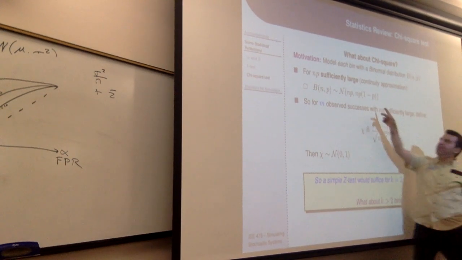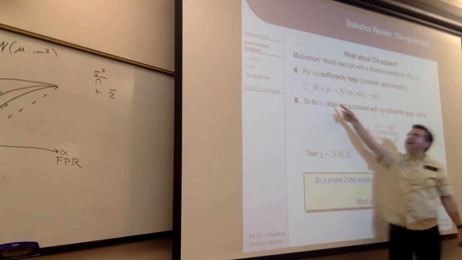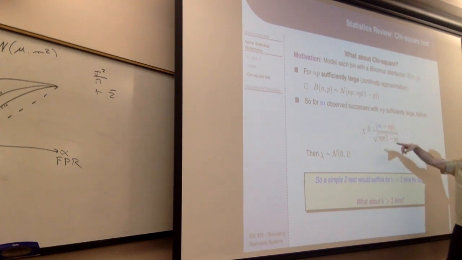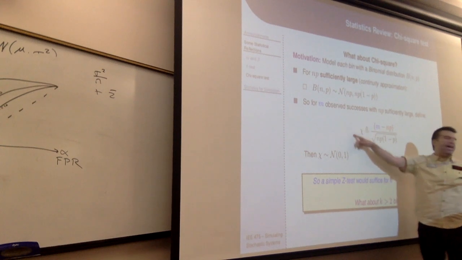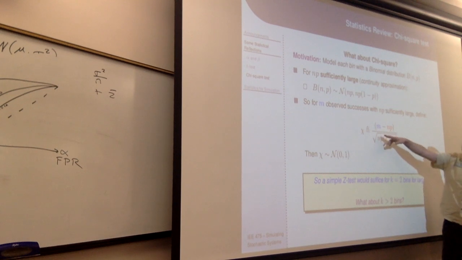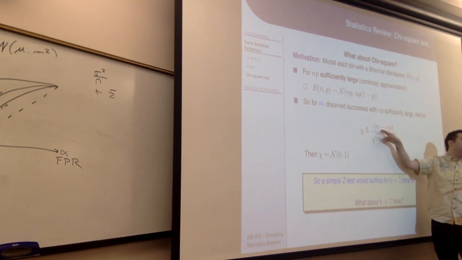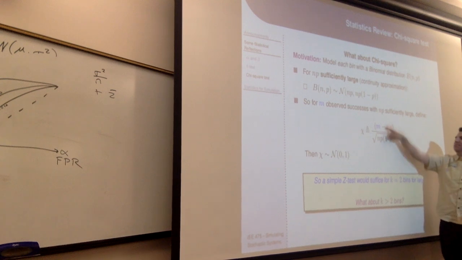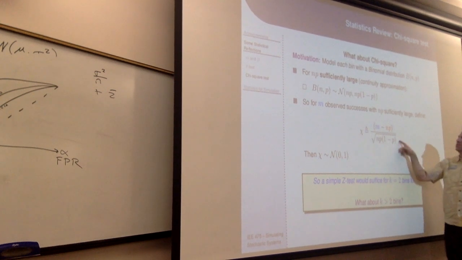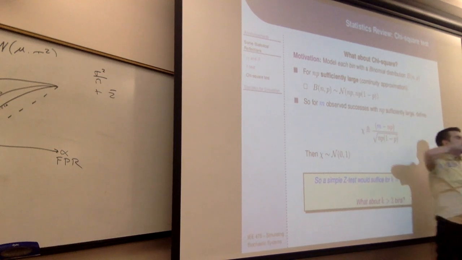So if I assume that I have enough samples, and I define a chi variable, it's just the number of observed successes, the number of things that land in the bin, minus the expected number that land in the bin, divided by the square root of this variance.